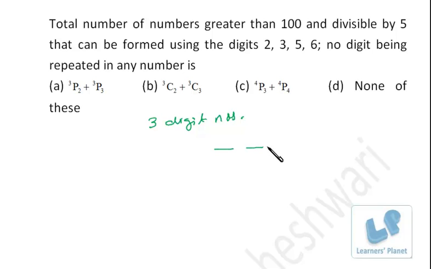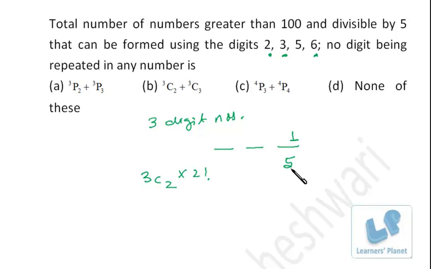Now at the units place we have just one choice, that number 5 will be there, right? For these 2 places, since we don't want the repetition, we have to select 2 numbers from the remaining 3 digits, and these 2 numbers which we are going to select can be arranged in 2 factorial ways, right?